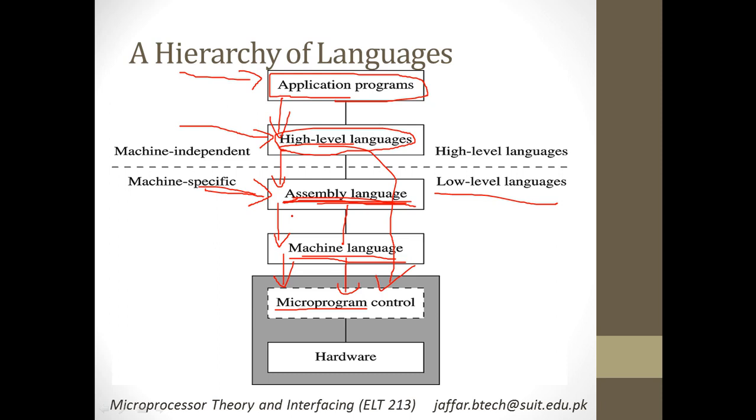And the most difficult language is basically machine language. A user cannot write different programs. It is possible to write in this machine language, but it is not highly recommended or used because of its difficultness. So that is why we are going from this assembly language programming towards this microcontroller or microprocessor controlling.